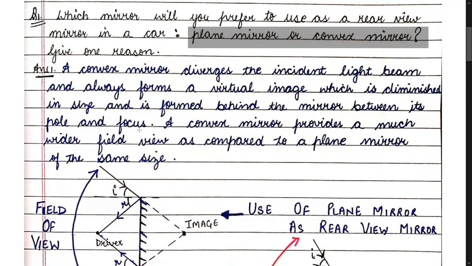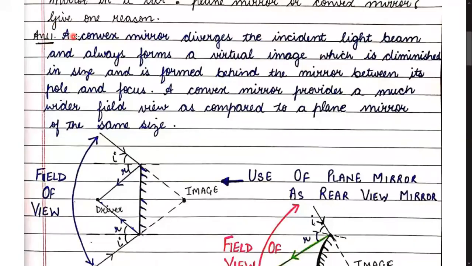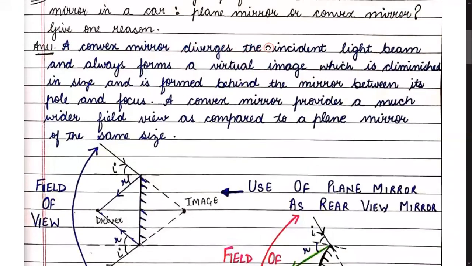So children, actually we can use both the mirrors, plane mirror as well as convex mirror, as a rear view mirror. But we use a convex mirror. Why so? Let us understand the answer now. So children, a convex mirror diverges the incident light.